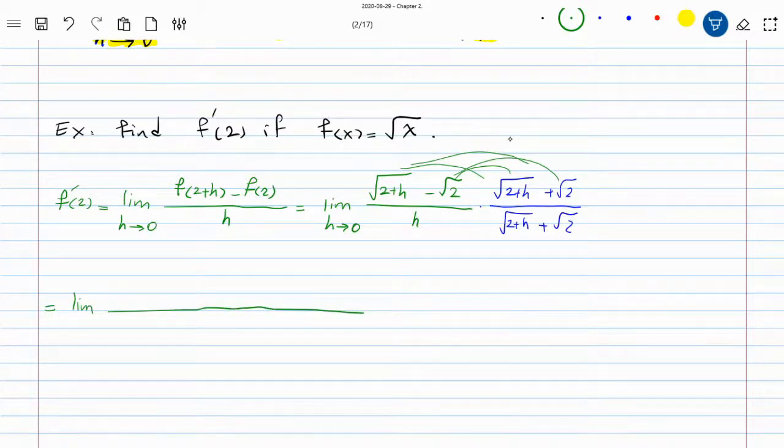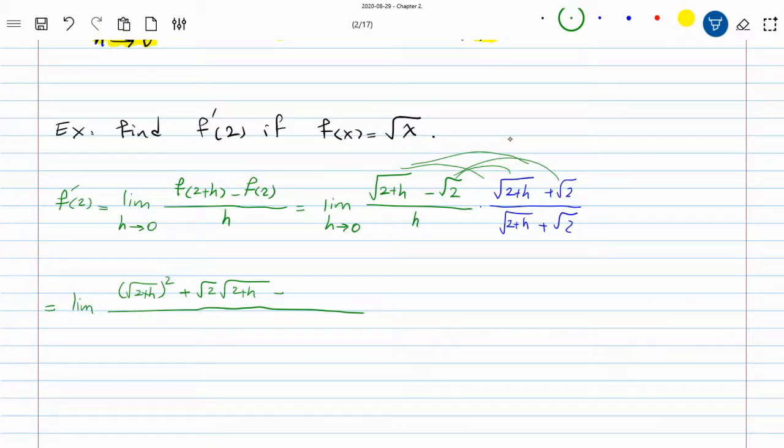Okay. The numerator becomes square root of 2 plus h times square root of 2 plus h. We'll get square root of 2 plus h squared. Square root of 2 plus h times square root of 2, you'll get square root of 2 times square root of 2 plus h. You don't need to multiply them, just write it this first time, then you try to simplify it later.